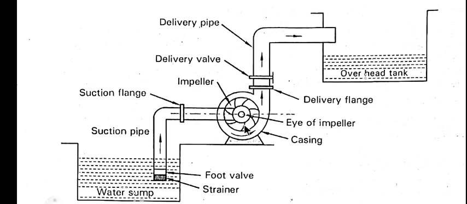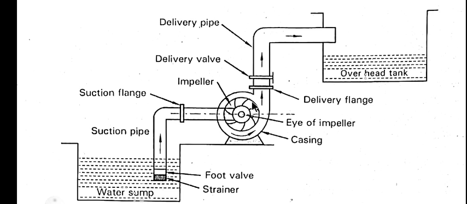The centrifugal force created by the rotating impeller acts on the water. As the impeller starts rotating, it creates the centrifugal force. That centrifugal force acts on the water, causing it to flow radially outward and towards the outlet of the casing.